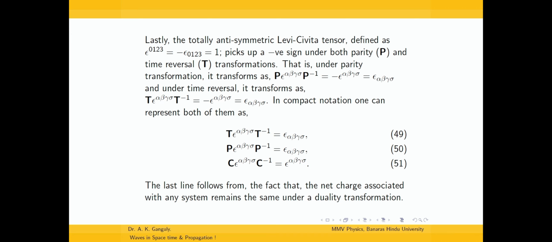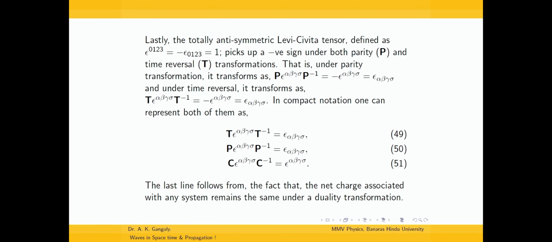Now, a Levi-Civita symbol with all indices up is equivalent to the same with the negative sign with all indices down. So, what we get is relation number 49, that under time reversal operation, all the up indices of the Levi-Civita symbol actually go down.